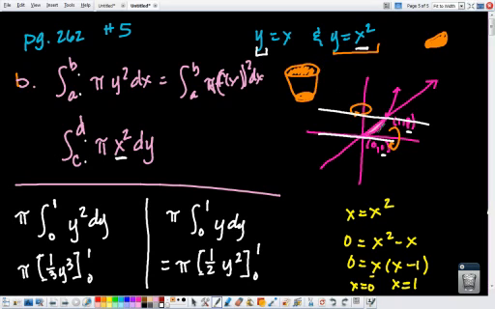This part is going to be the outside of our curve, the widest part, going around, and this part is going to be the inside. So we're basically saying outer minus inner.